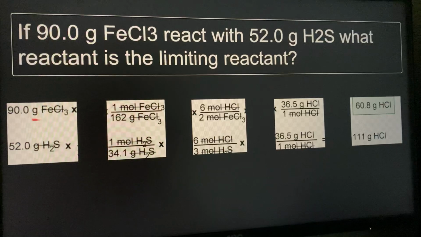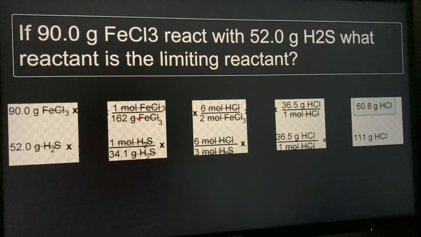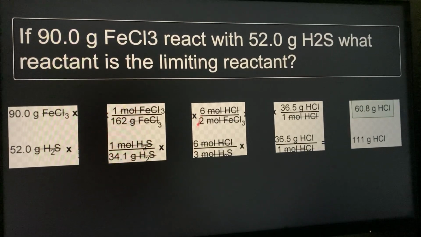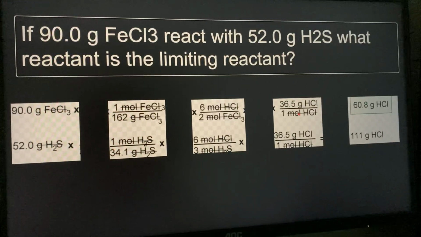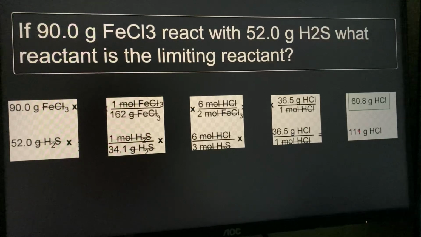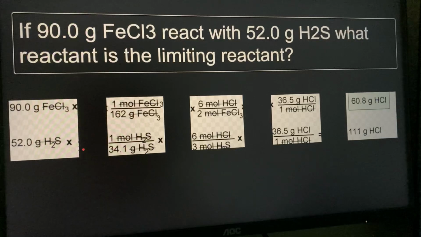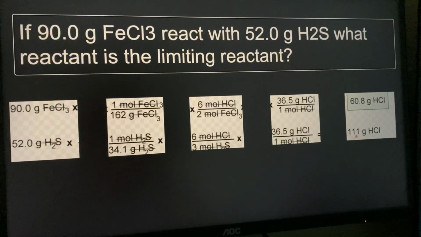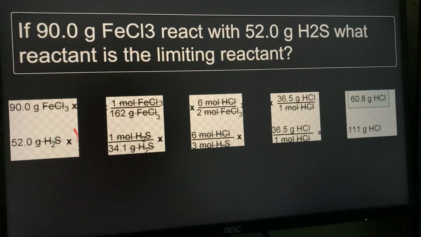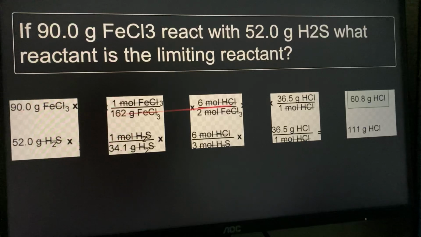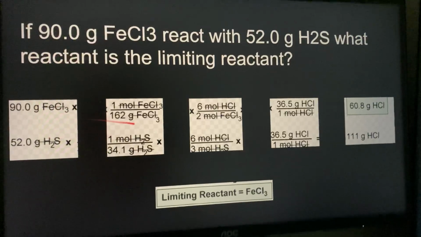If you solved it correctly, it should look like this: 90 grams and 52 grams are given, you divide by molar mass to find moles, use the mole ratio from the balanced equation, and then multiply by the molar mass of the product. For 90 grams of FeCl3 it makes 60.8, and 52 grams of H2S makes 111, meaning that FeCl3 makes less. If these two were to react together, it would only make this much, and so it would limit the reaction. So FeCl3 is the limiting reactant. The answer is FeCl3.